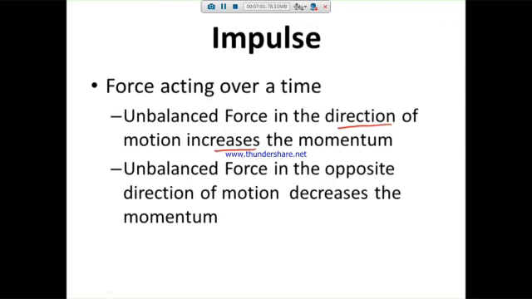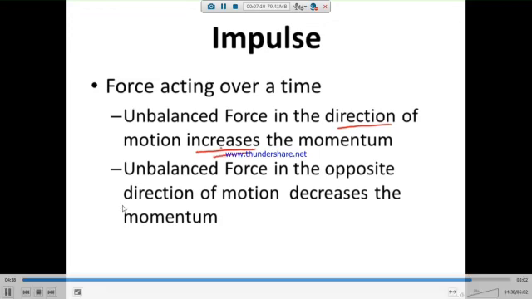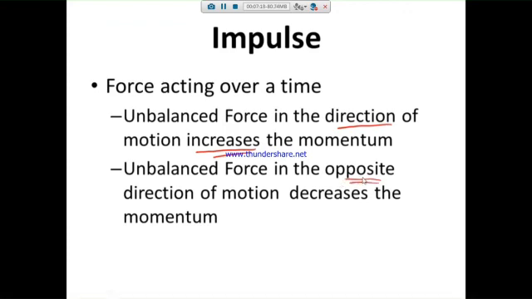We're looking at a decrease in your momentum because your velocity is going down. As you see here, unbalanced force in the opposite direction of motion decreases the momentum.